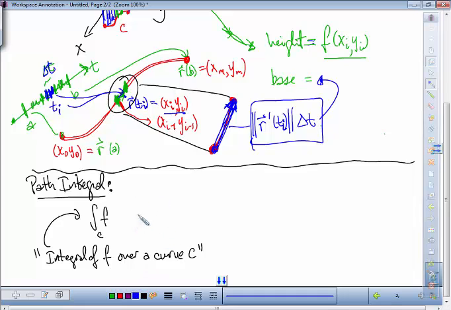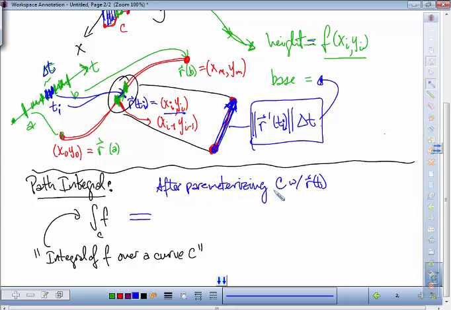And this path integral relies on a parameterization. So whatever curve we're dealing with, we're going to have to find a parameterization that describes the curve using t.